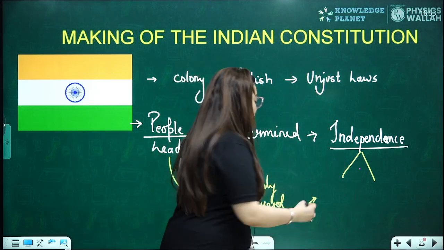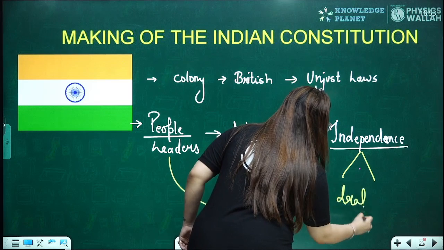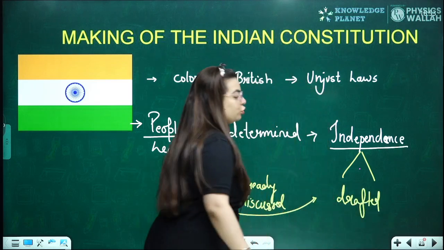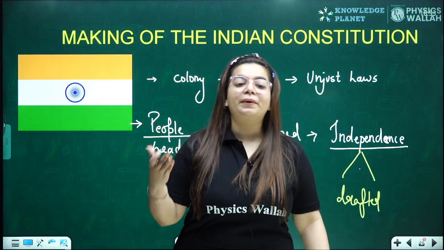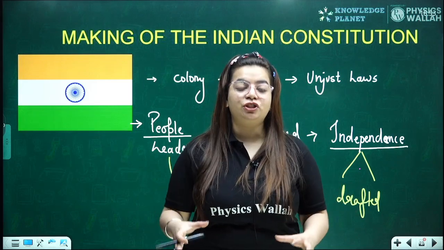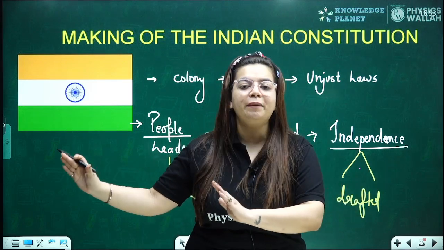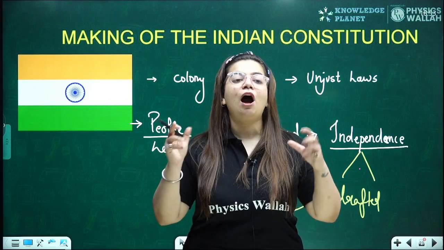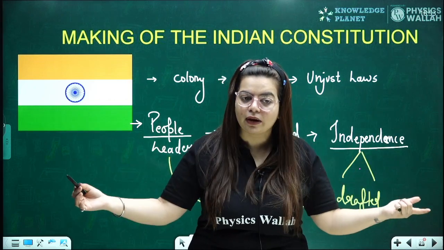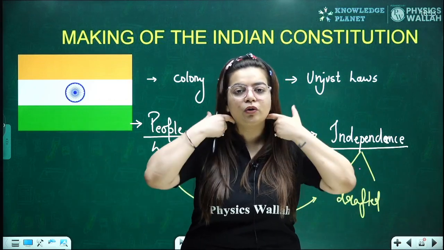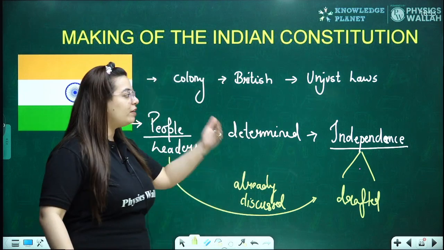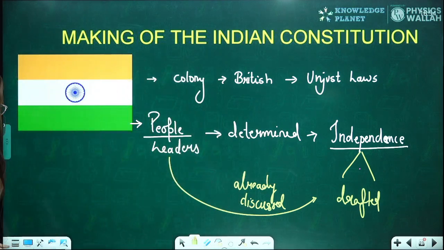So they drafted their constitution on a prior basis. When they were a colony of the British, at that particular time, they had already kept in mind how independent India and its constitution would look. So their homework, or the previous work, was already done by the people of India.